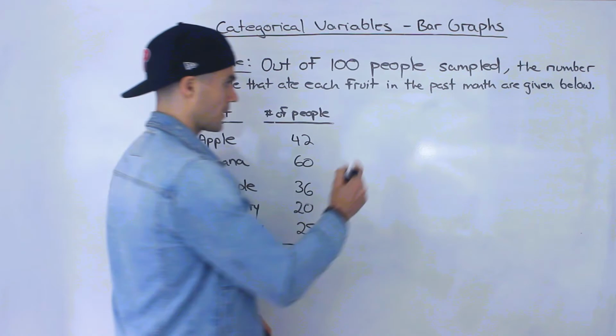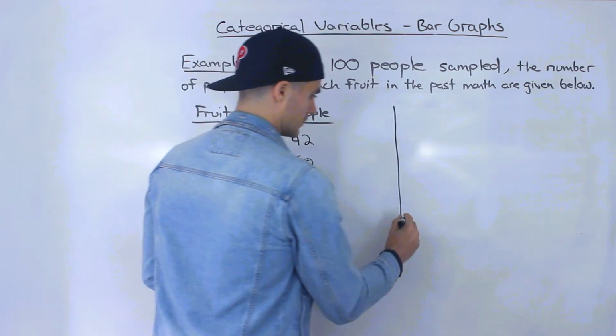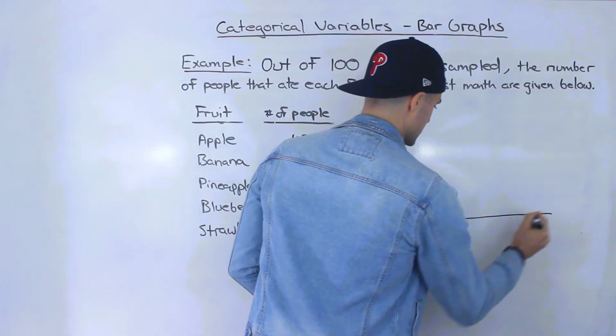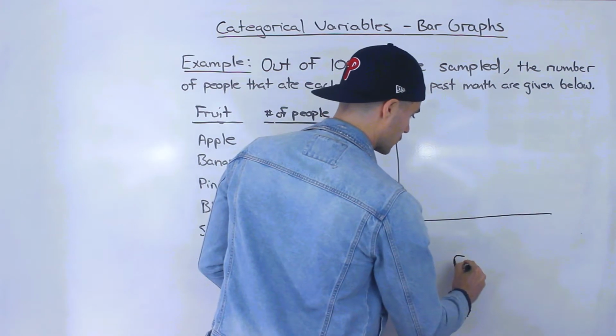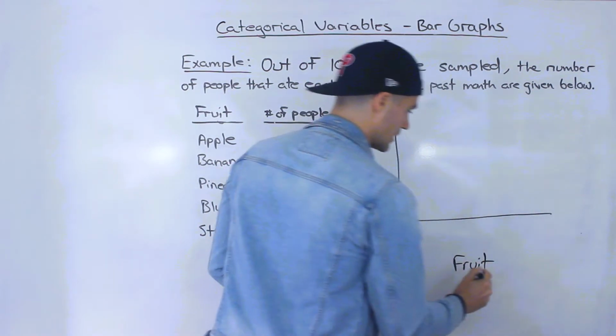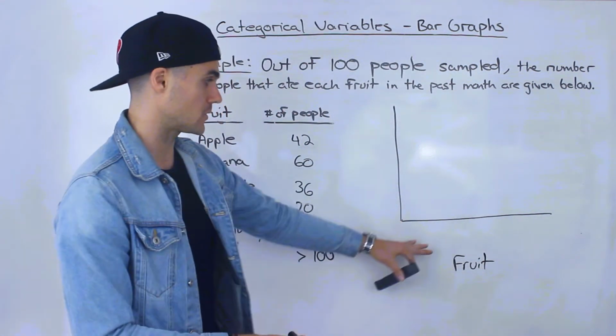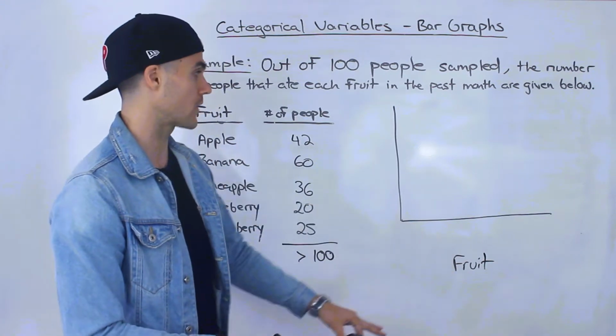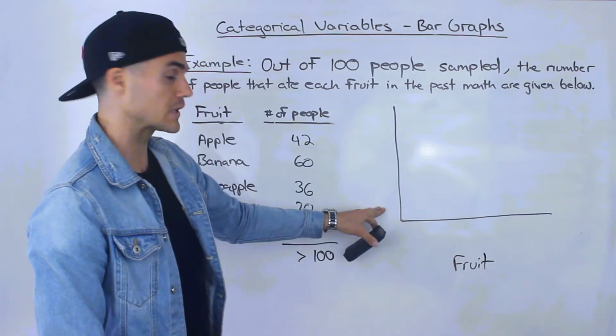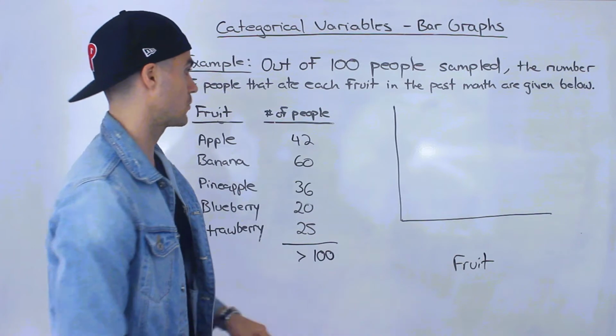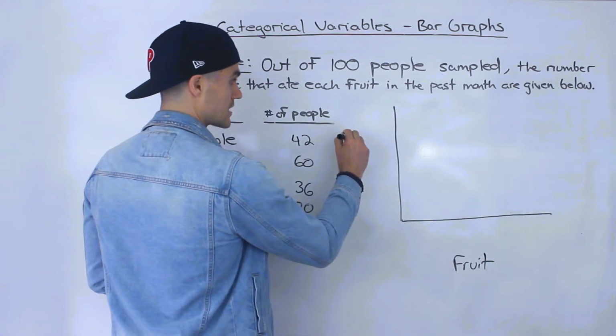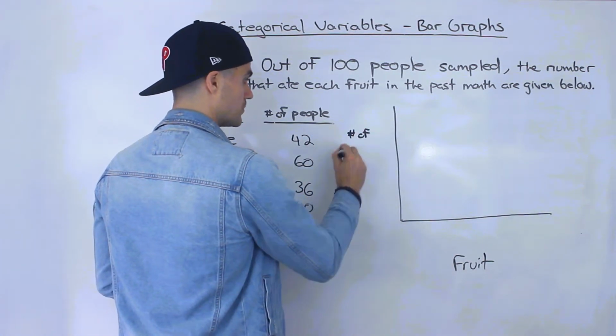To create this bar graph, let me draw out these axes. We're going to have the fruit. Remember, the categorical variables always go on the x-axis for a bar graph, and then either the frequency or the percentage goes on the y-axis. In this case, we're looking at number of people.